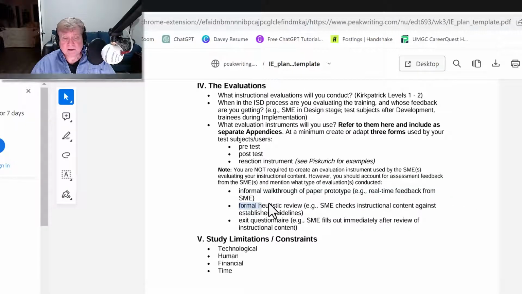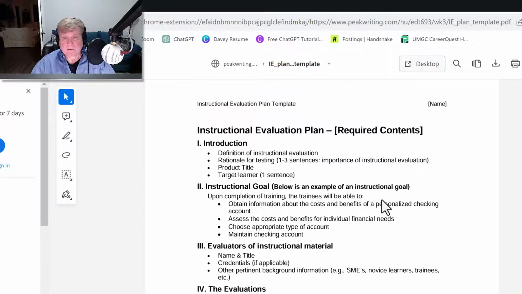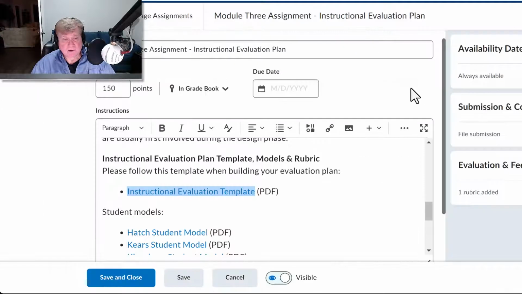Then you want your SMEs to conduct a heuristic review where they evaluate the content and how well that content allows them, or allows you or the site, to achieve its instructional goals. And then you want to have an exit questionnaire for them. So be sure to have at least those instruments ready to go. So that is your instructional evaluation. Let's see what else we got for you here.